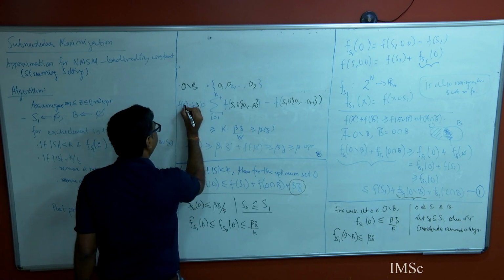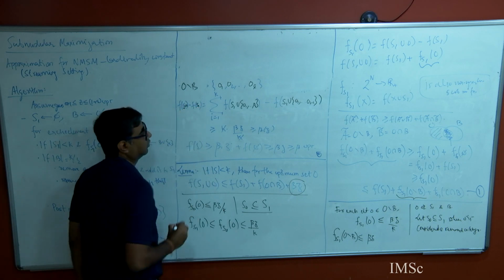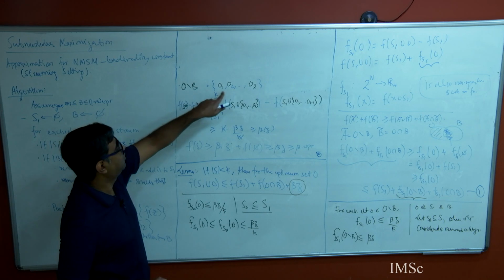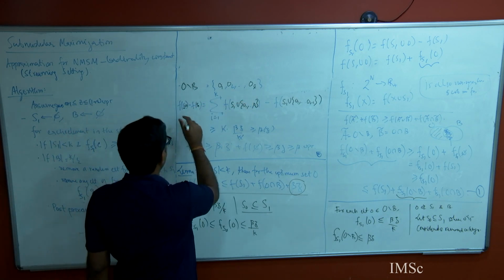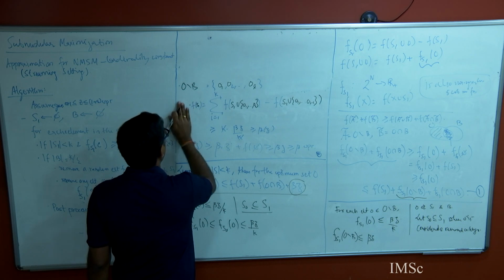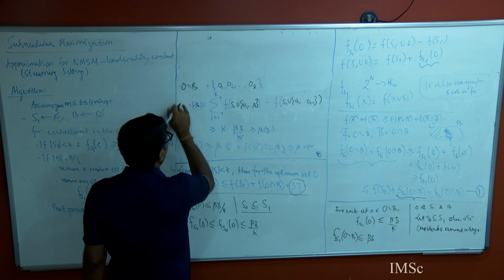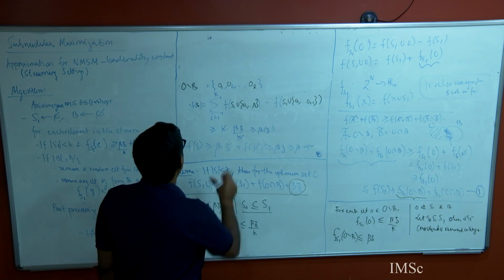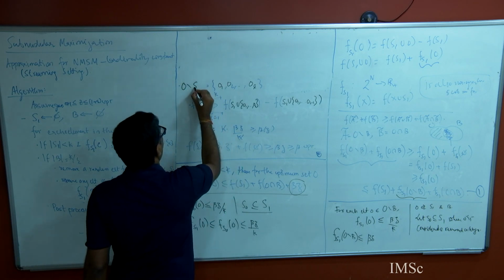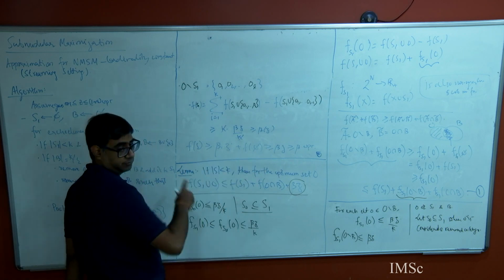It's going to be S union O, because O minus B is... no, this is not what it is going to be. I should not write O minus B, O minus S1. We did this.